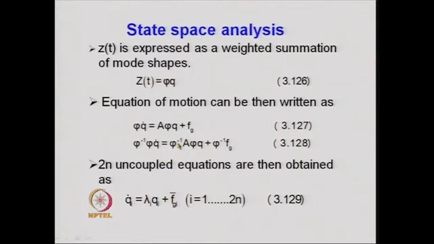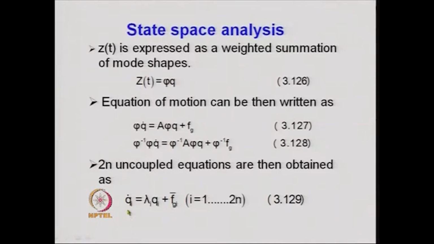The eigenvectors, rather, it is the property of the eigenvectors that it is orthogonal to the A matrix. So, therefore, this product of these three matrices again becomes a diagonal matrix, and once it becomes a diagonal matrix, we get 2n uncoupled equations, where n is the degree of freedom.